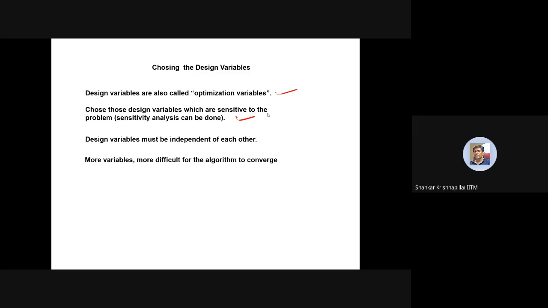But some complex engineering problems are there. For example, suppose you want to minimize the drying time for paint. Then so many design variables may be there, like atmospheric temperature, atmospheric humidity, then the density of the paint, viscosity of the paint, then the cleanliness of the surface.